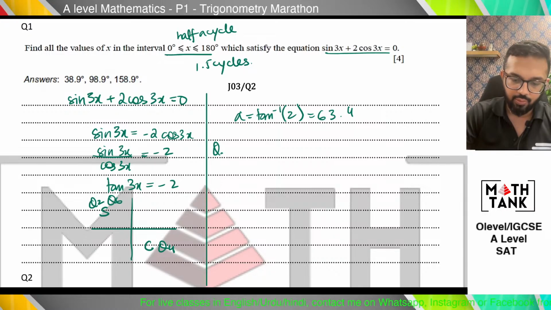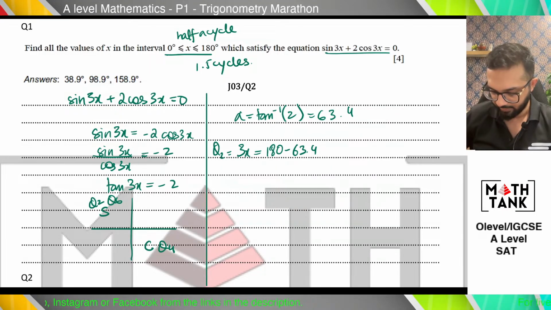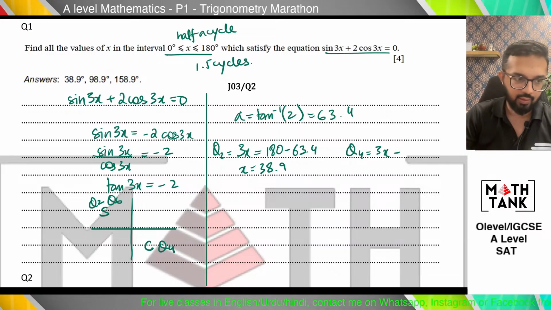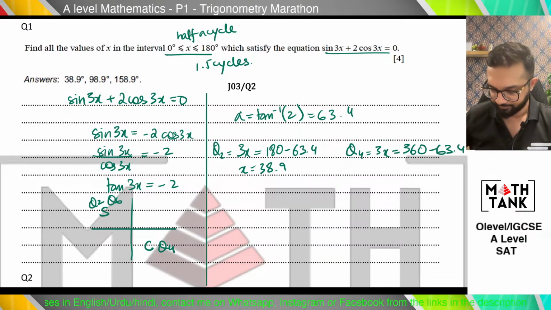The quadrant 2 will give me 3x equals 180 minus 63.4. Let's see if we get the right answer. 38.9. Okay, quadrant 4 is going to be 3x equals 360 minus 63.4.